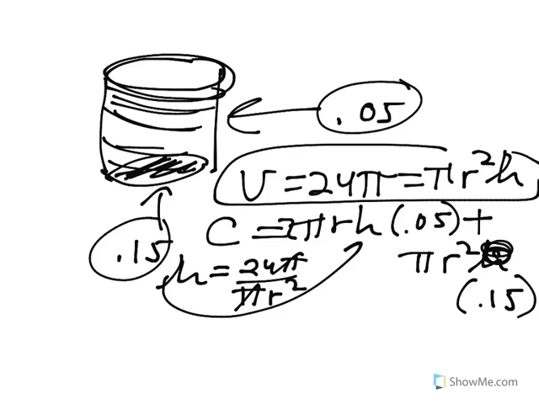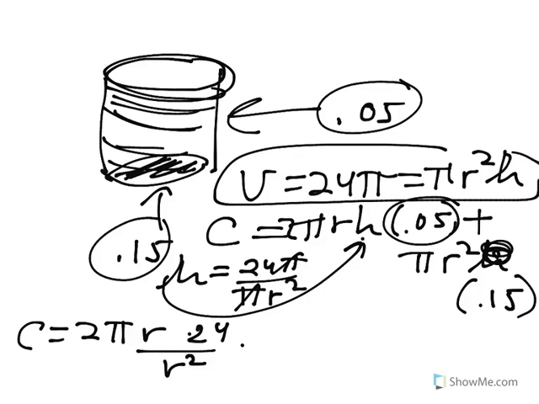Substitute that in for this h, and we get c equals 2 pi r times h, which is 24 over r squared, times, don't forget about the 0.05, and this other thing is still pi r squared times 0.15. And we can cancel out one of these r's with one of these r's.